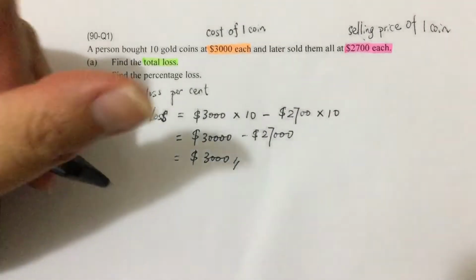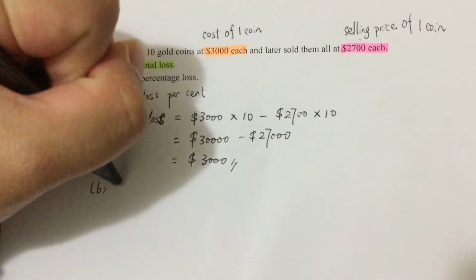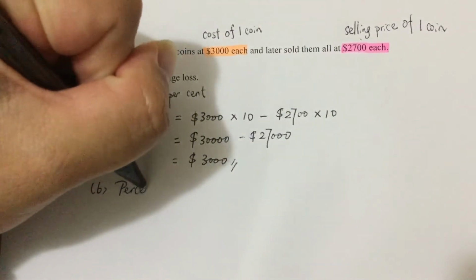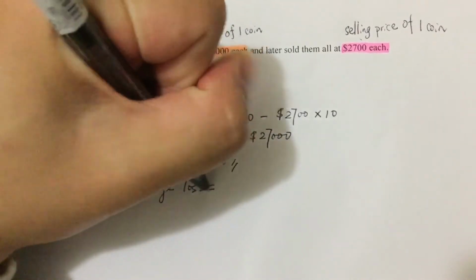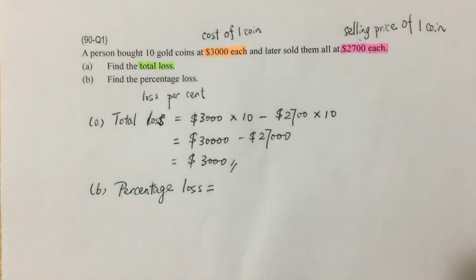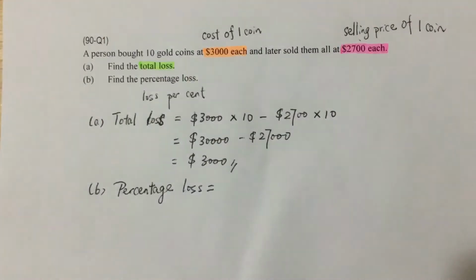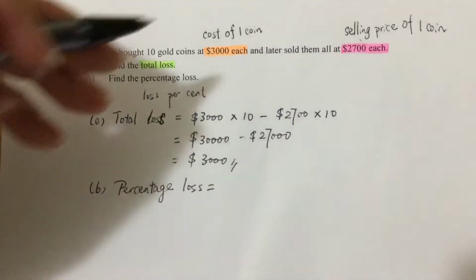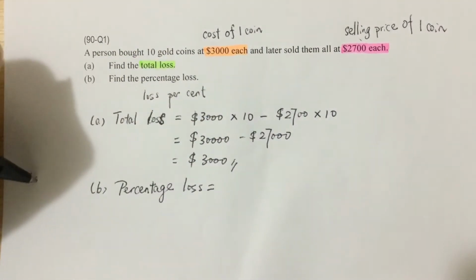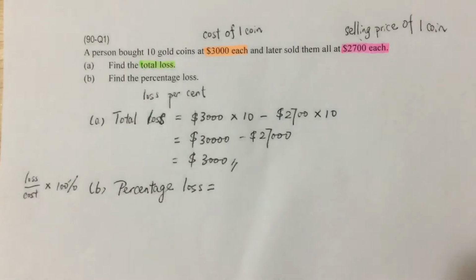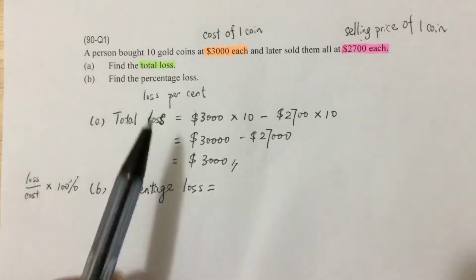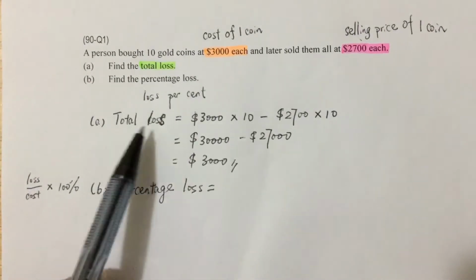And for part B, you are going to calculate the percentage loss, or you can just say the loss percent. That's okay. For percentage loss, you use the formula, remember it: loss over cost times 100%. So the loss, look at this, is $3,000 for the total loss.